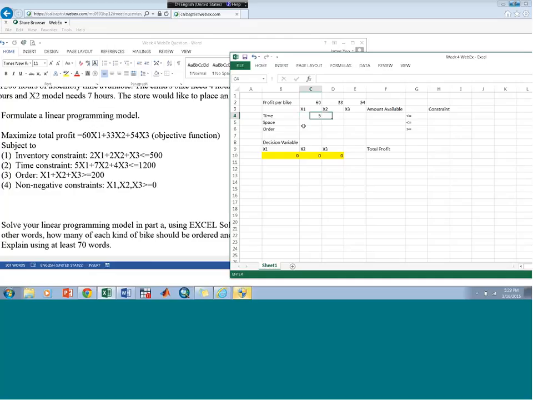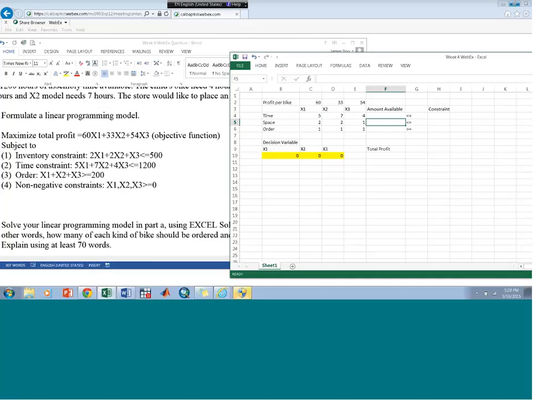When you look at the space constraint, which is the inventory constraint, the slopes are 2, 2, 1. And the order constraint should be 1 times X1 plus 1 times X2 plus 1 times X3. So it should be 1, 1, 1, right?